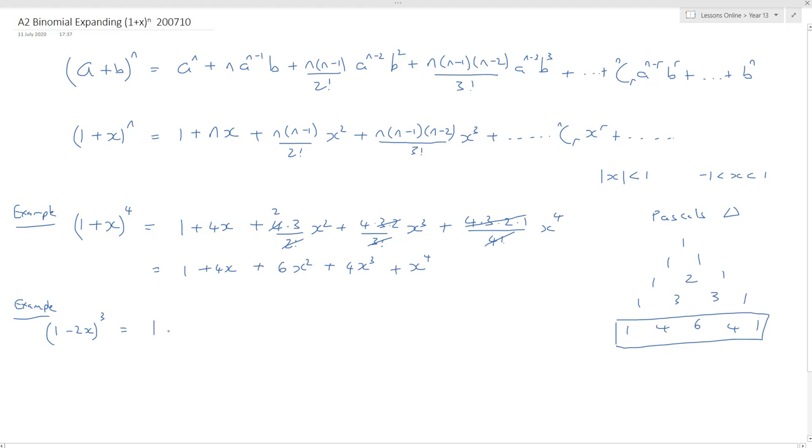So we've got 1 plus n is 3, so 3 times minus 2x, plus 3 times 2, we use a dot for times, over 2 factorial, and we've got minus 2x all squared, plus 3 times 2 times 1 over 3 factorial, and we've got minus 2x to the power of 3.